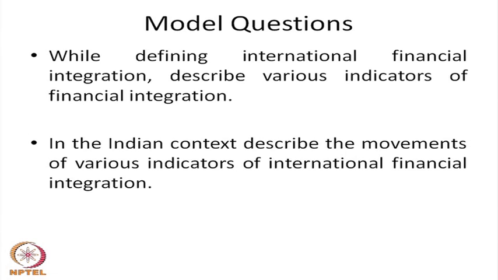In the second question, I mentioned: in the Indian context, describe the movements of various indicators of international financial integration. As we have discussed over the last 20 years, different indicators like FII investment, FDI investment, trade-GDP ratio, call money movement along with the Fed fund rate, and call money movement along with the forward premium.